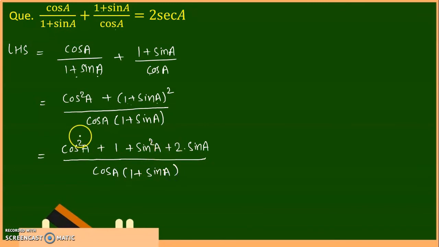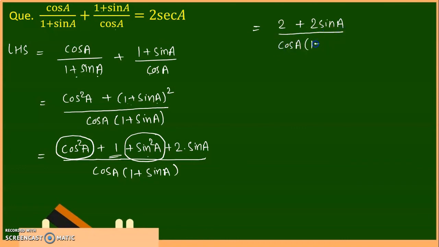Now here in the numerator, this is cos square A plus sin square A. So this will be 1, cos square plus sin square equal to 1, and 1 plus this 1 becomes 2. So here we get 2 plus 2 sin A, and in the denominator we have cos A into (1 plus sin A).